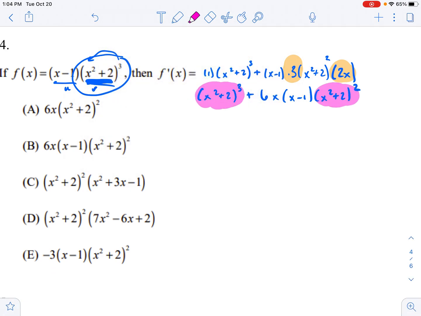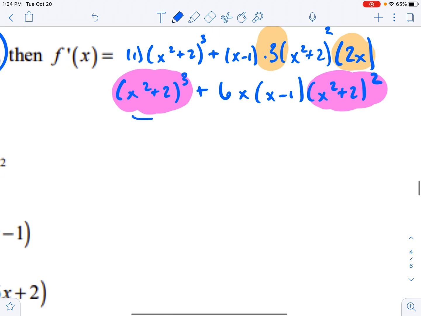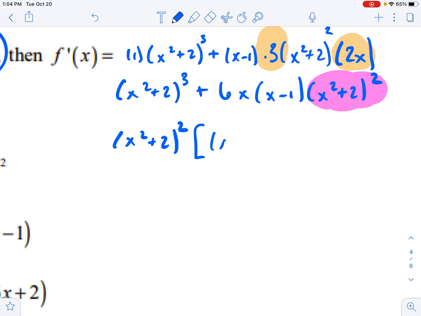As I notice, there's two terms, okay? This is one term, this is one term, and they both have that quantity, x squared plus 2 squared, as a common factor. So I'm going to factor that out here. And so I'm going to be left with one more of these x squared plus 2's, and then a 6x with an x minus 1.